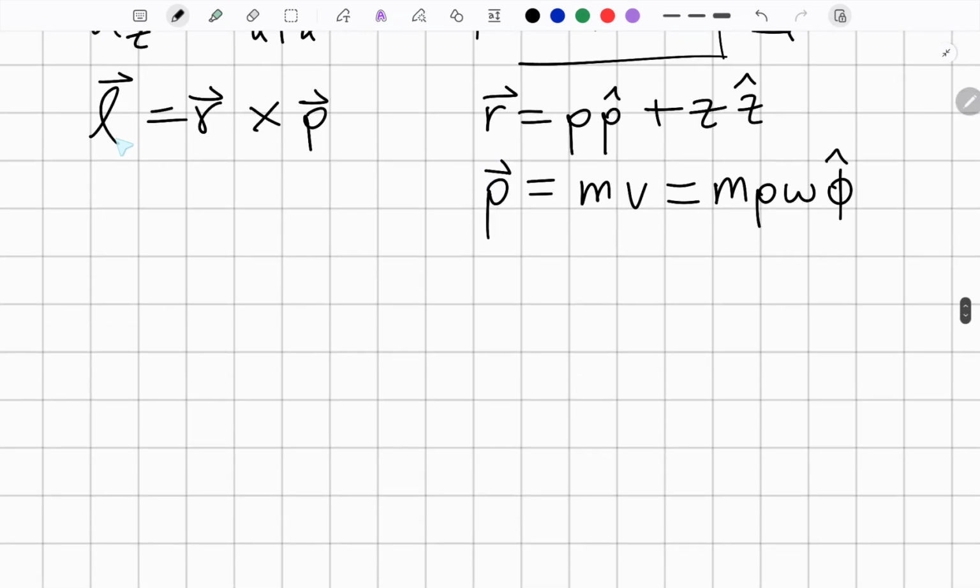So by taking the cross product of this, we're going to be able to see the components of our angular momentum.